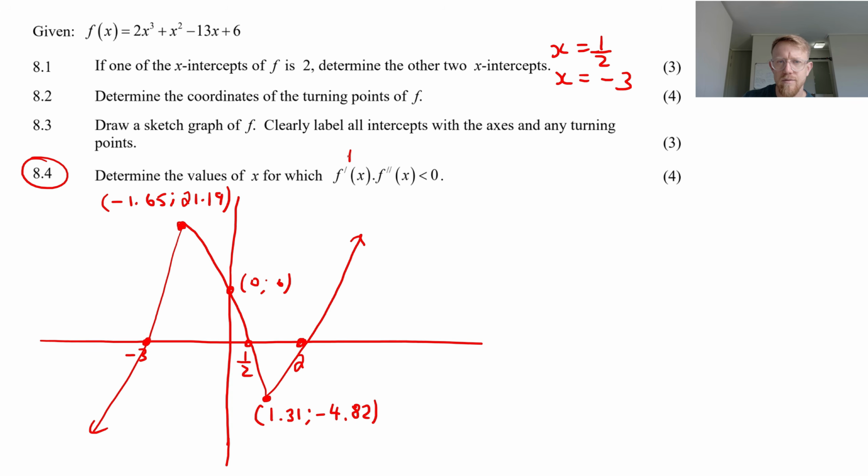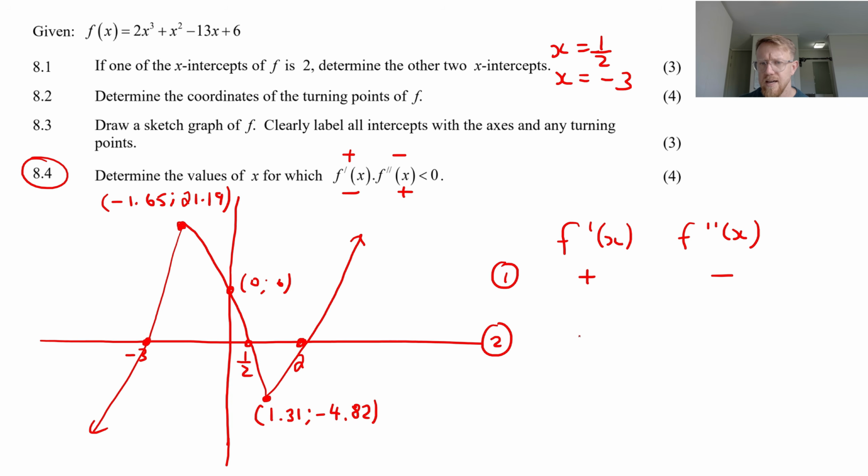That can only happen if this is positive and this is negative, or this is negative and this is positive. So those are the two different scenarios we need to examine. In scenario 1, this one must be positive and this one must be negative. Then scenario 2, this one is negative and this one is positive.